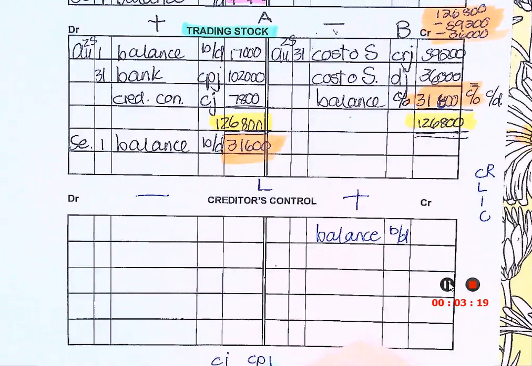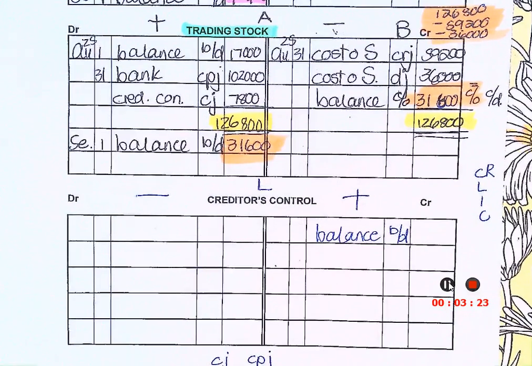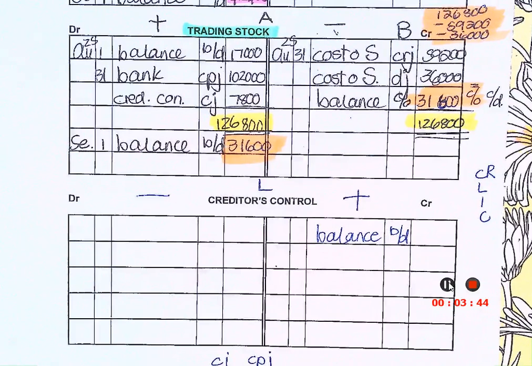So now I'm asking you, which of these two journals will make my debt more? CPJ. So let's quickly think about that. The CPJ stands for Cash Payments Journal, so it's when I am paying my creditor. If I am paying my creditor, does my debt increase or decrease? Decrease.